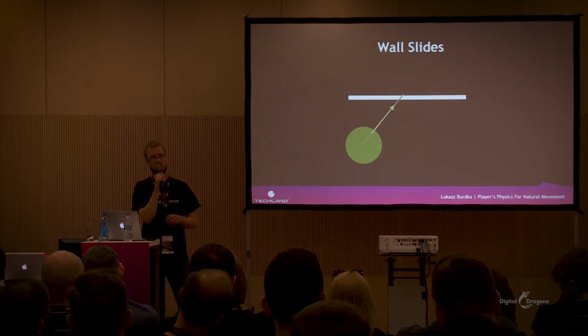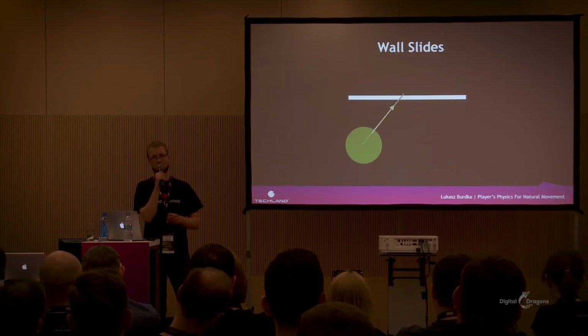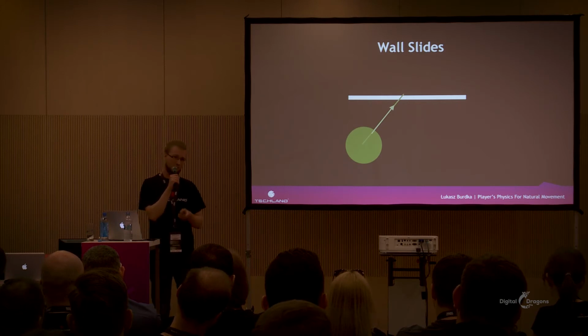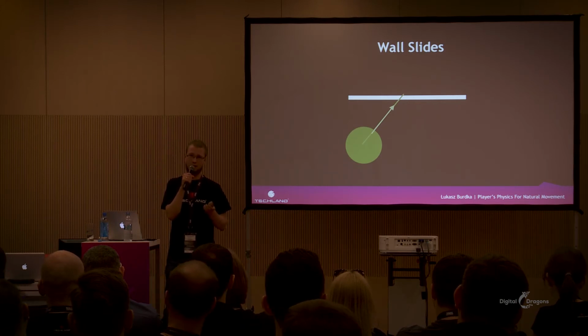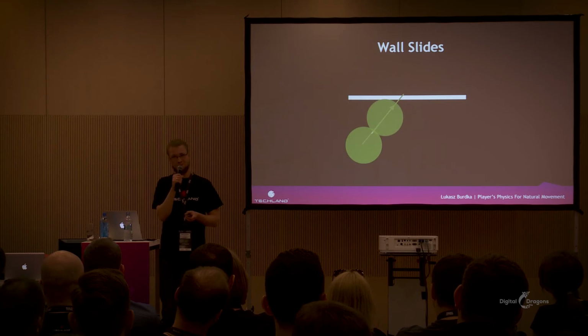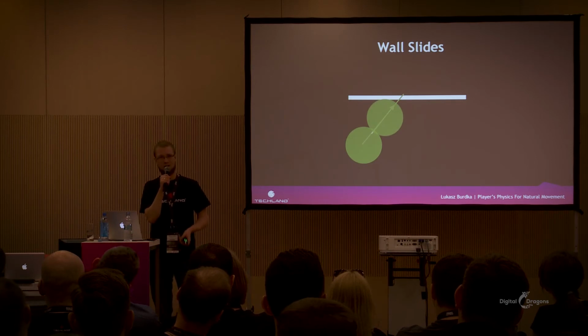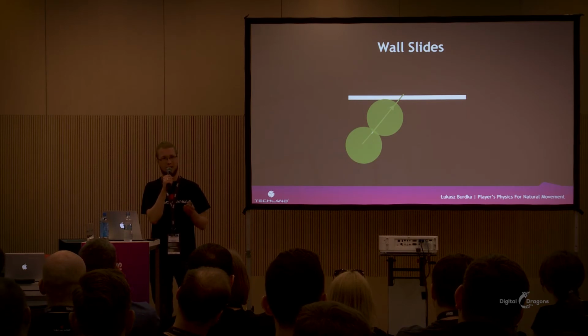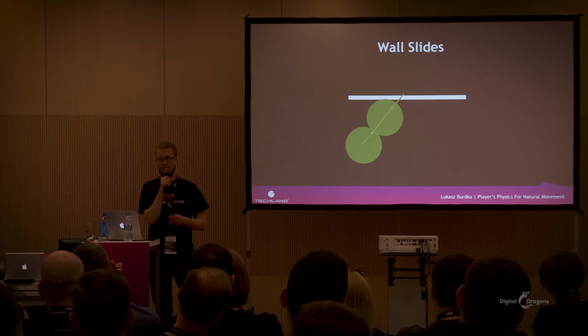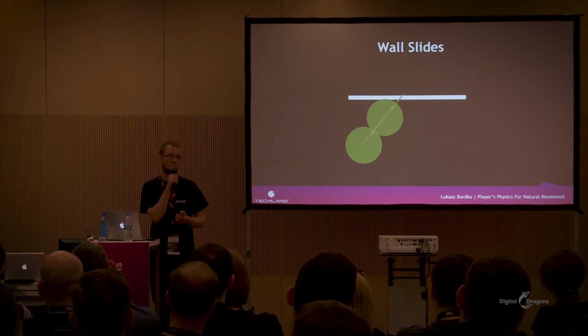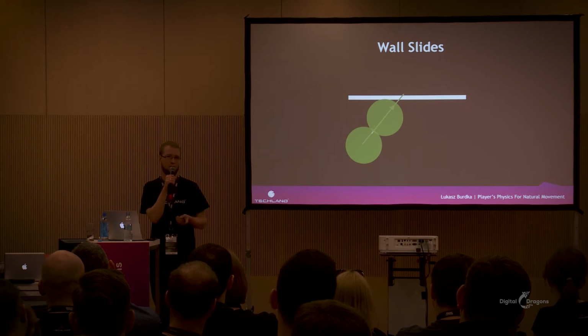So the first important problem was wall slides. And the problem was they weren't there. Because if sweep tests detect that there's a wall on the way, it just stops. It doesn't matter how great the angle is. You just stopped on the wall. And in the dynamic controller, it worked out of the box, just like that. We had sliding for free.